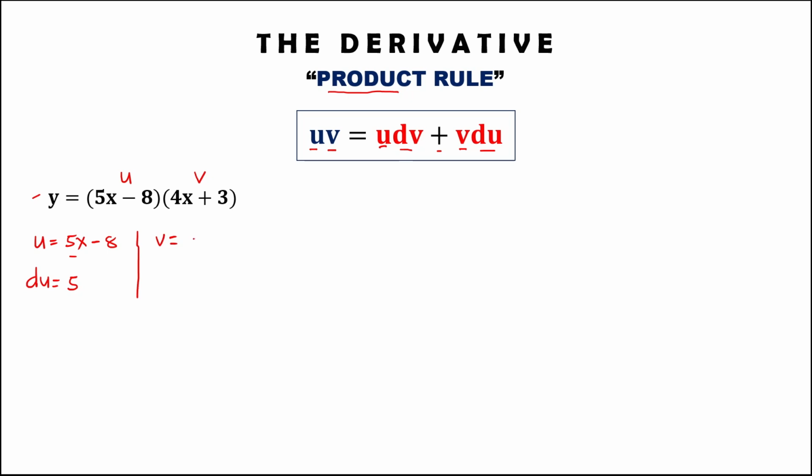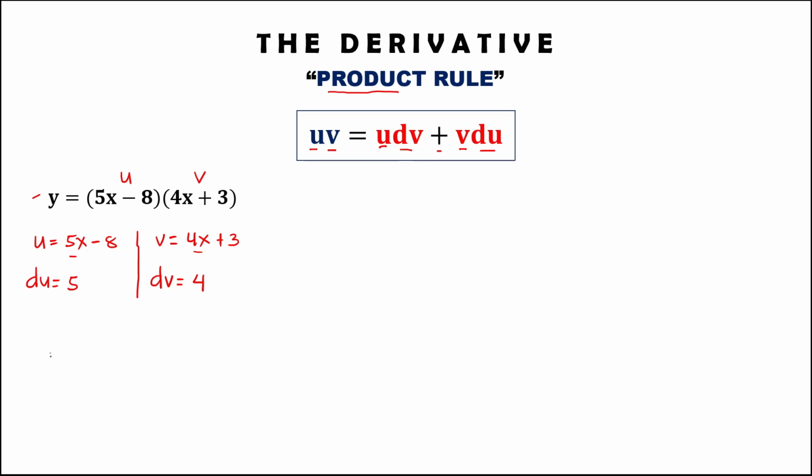Then v is equal to 4x plus 3. For the derivative of v, the derivative of 4x is 4, and the derivative of a constant is 0, so dv is equal to 4.